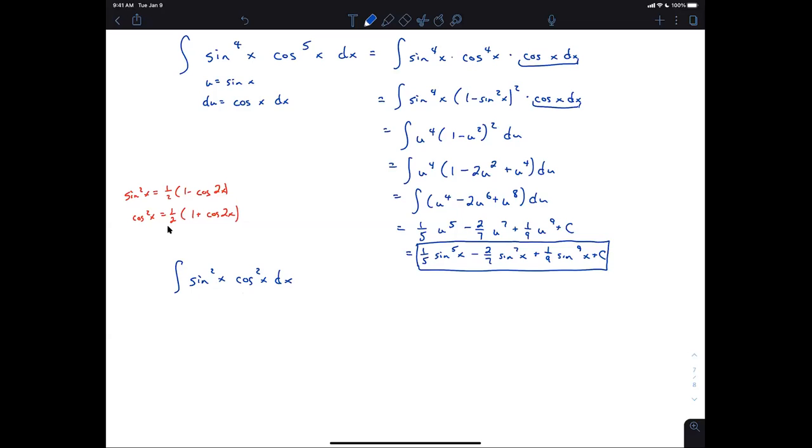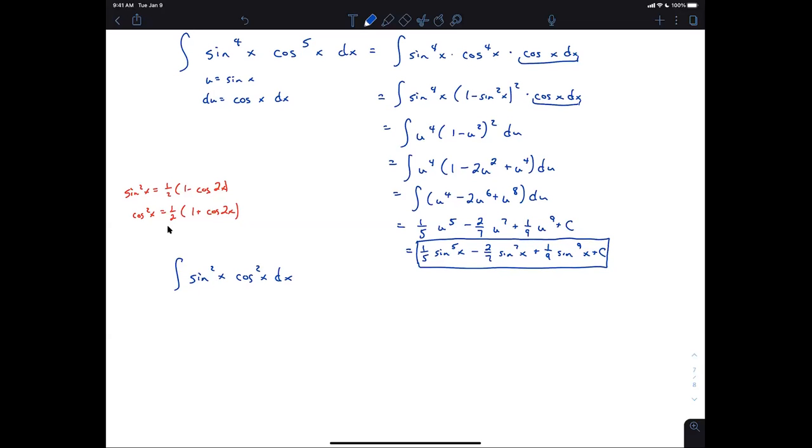And so what we do is we replace each of them with that. And so we get 1/2 times 1 minus cosine of 2x times 1/2 times 1 plus cosine of 2x. And now we're going to factor the two 1/2s out, so we get 1/4. And now we're going to distribute this through.